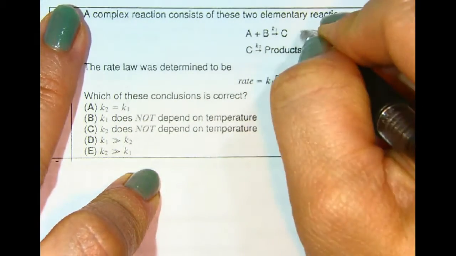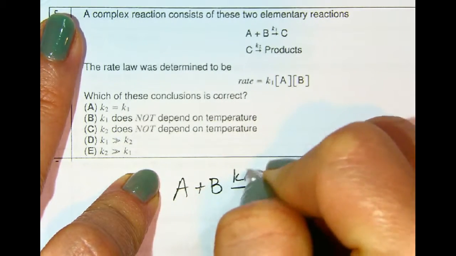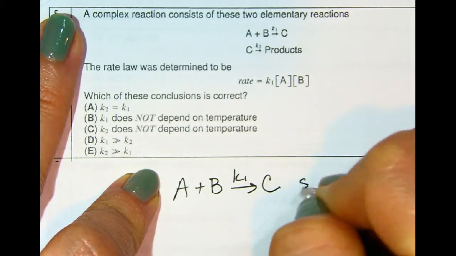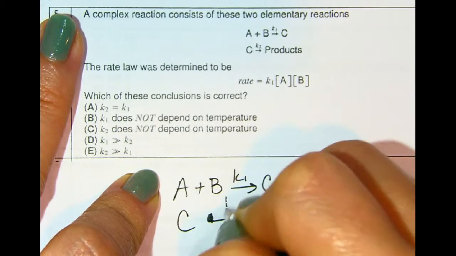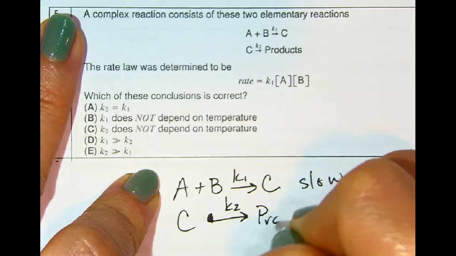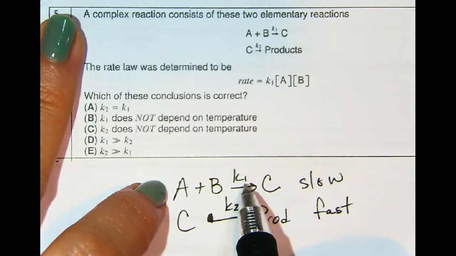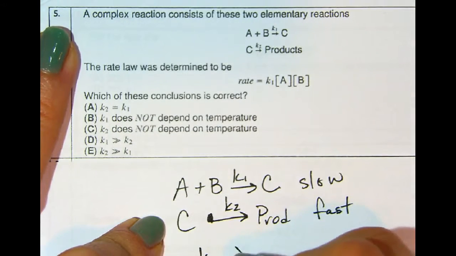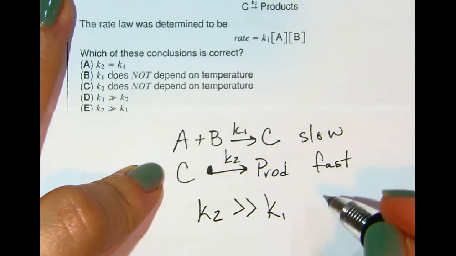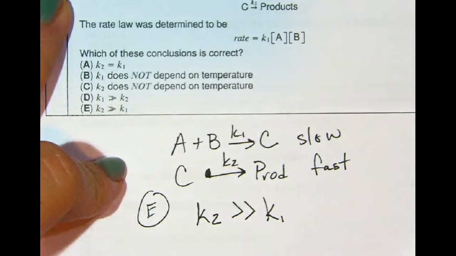And so this being the slow step, and this is the fast step. So what that means is if this is slow and this is fast, then the rate of K2 is much greater than the rate of K1. And so we would choose E for this answer.